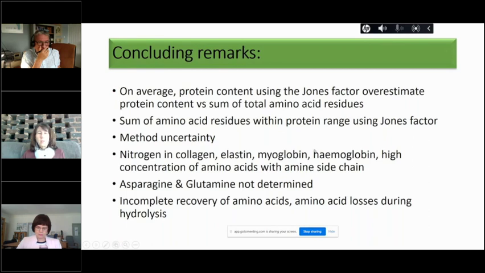Also, we did not determine asparagine and glutamine, which are both amide amino acids, and also there can be an incomplete recovery of the amino acids and amino acid losses during hydrolysis, which also can contribute to a lower value for the amino acids.